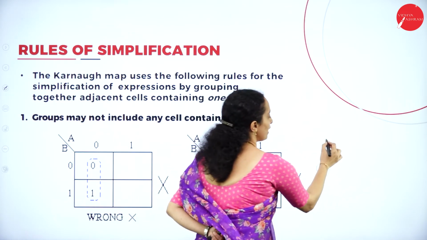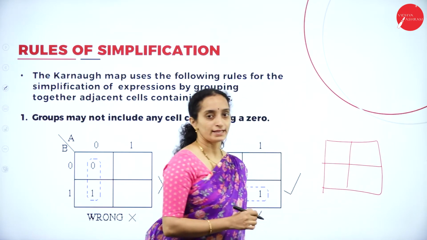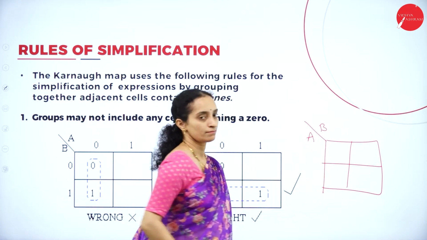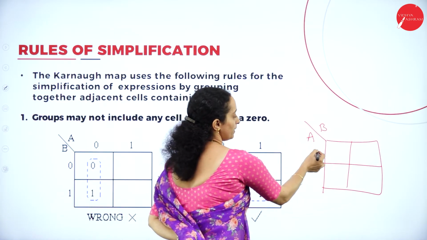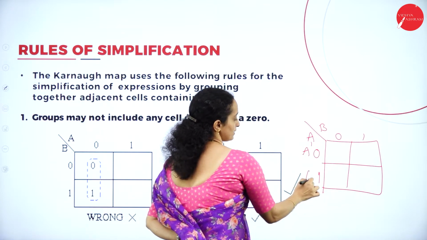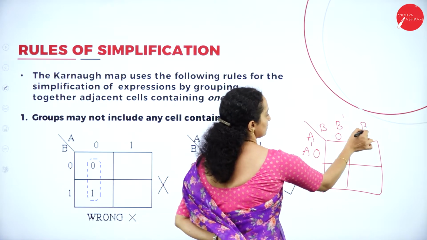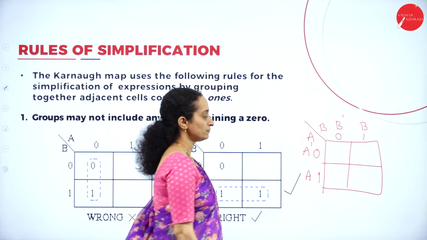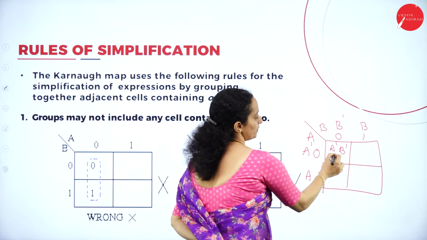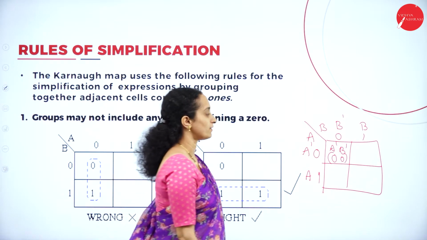How do you change the values? If you take the map, I'll write it as A, B. When you interchange, here this will be 0, 1, 0, 1 or A dash, A, B dash, B. Now we have A dash into B dash. This cell will represent decimal equivalent 0.